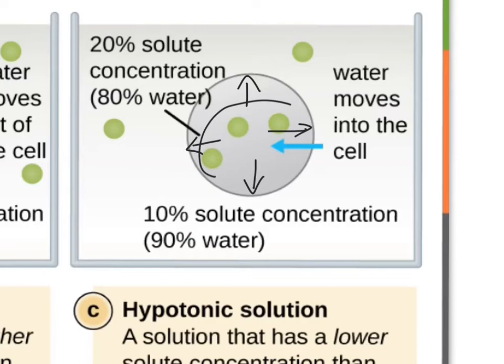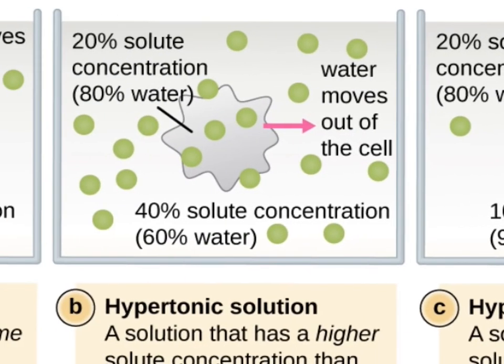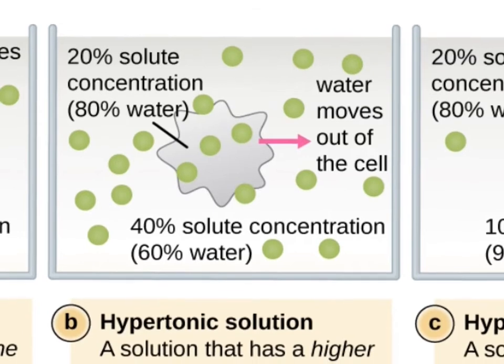Now, let's go back to this previous example and talk about why this occurs. So let's look at the hypertonic solution. The basic premise here is that as you add solutes to water, so this on the outside is very concentrated, you decrease the potential energy of the water.